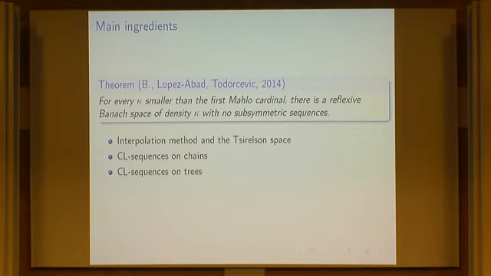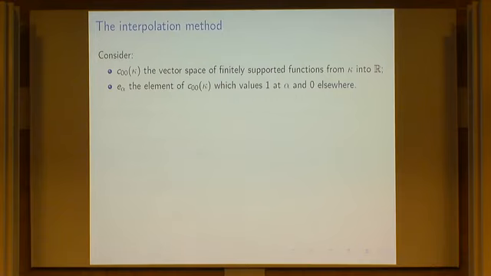Then we have the key result, which is about CL sequences on trees. Before, the CL sequences on chains will be just CL sequences on some partial order, and then I will go into trees. What are CL sequences? Consecutively large; I will define it later. And then there are these walks on ordinals in order to reach every cardinal below the first Mahlo.